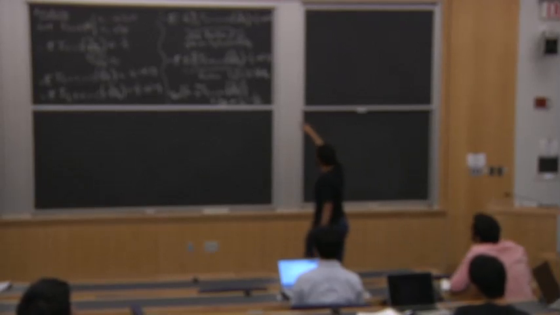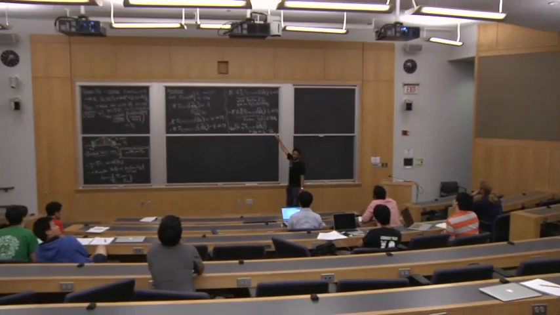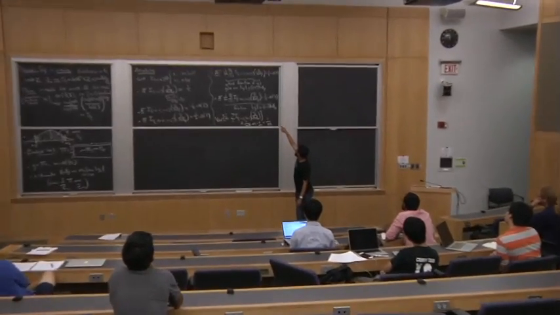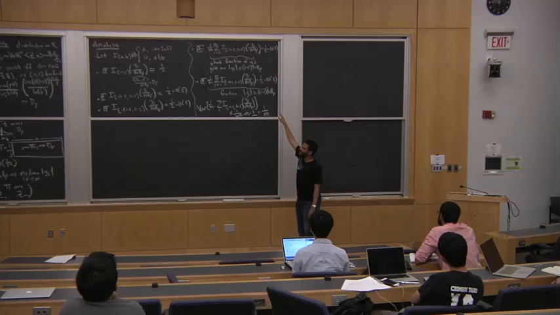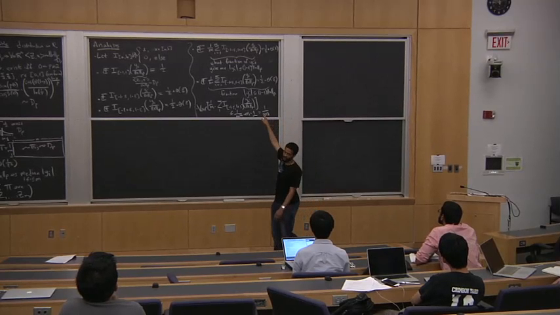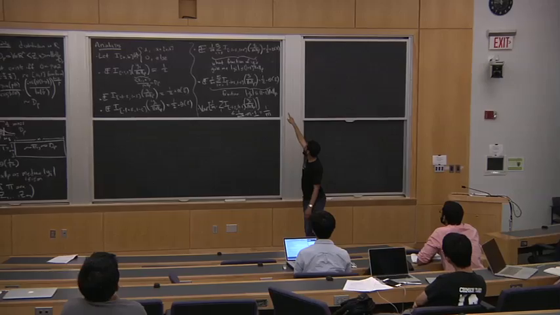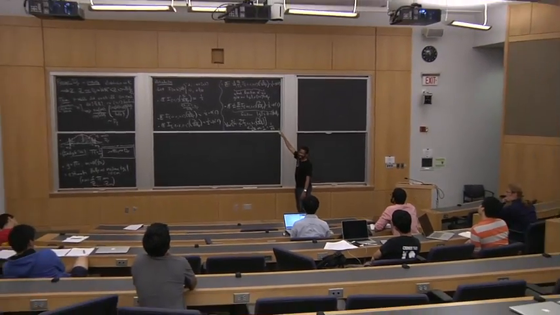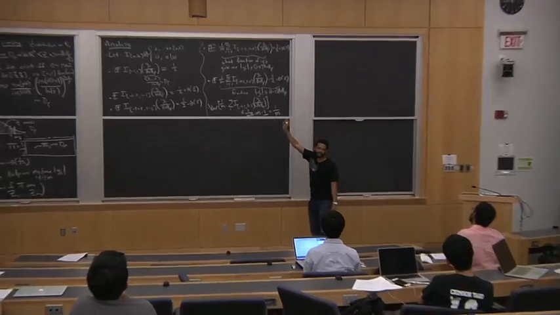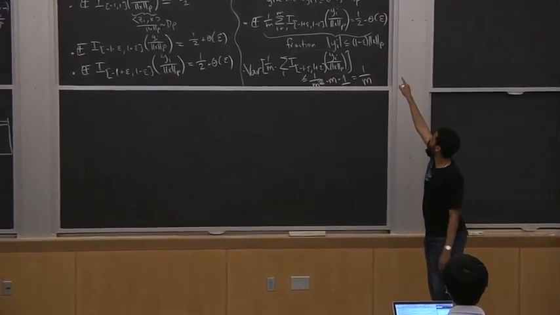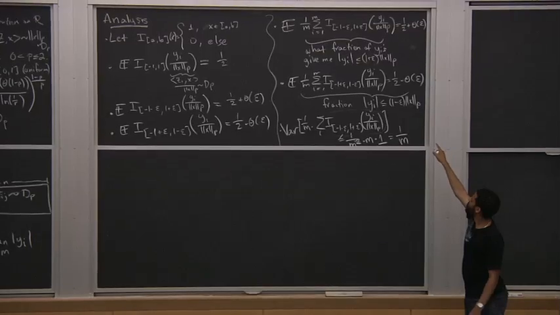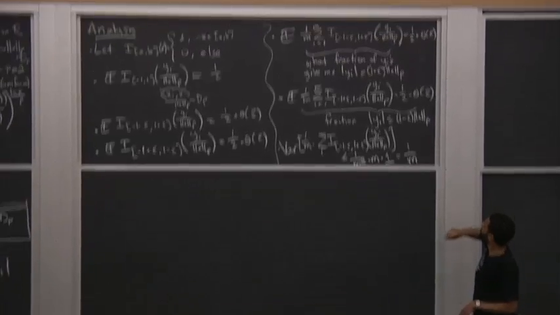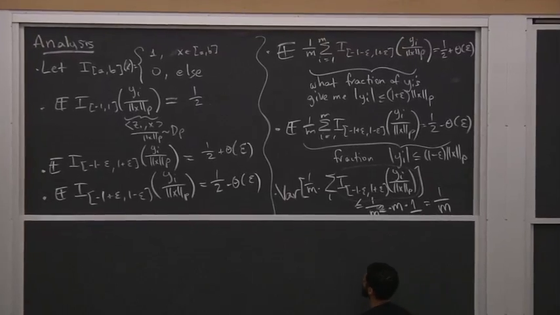Okay, so that indicator function, for that to evaluate to 1, its argument has to be in the interval. So yi over the Lp norm has to be in that interval. And just moving the Lp norm to the other side means that yi has to be between, or if you want to think about it like that, maybe this makes it clear.